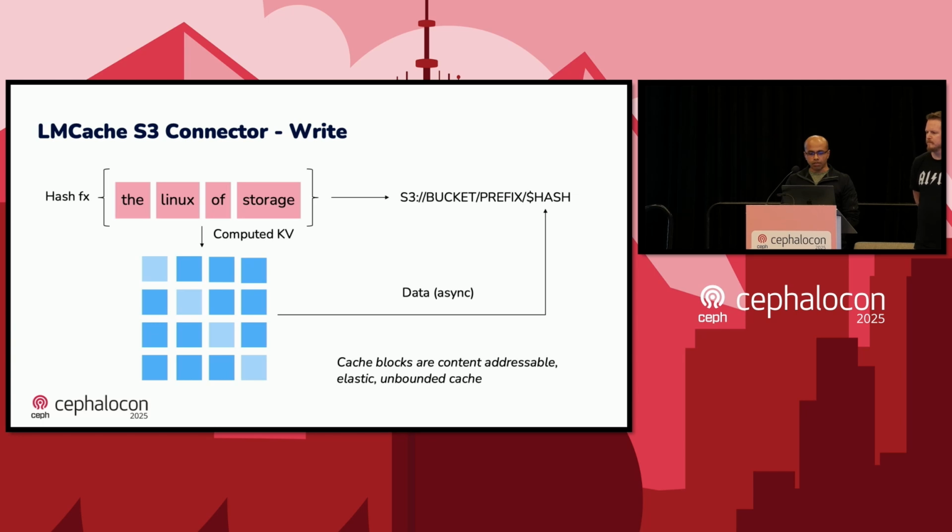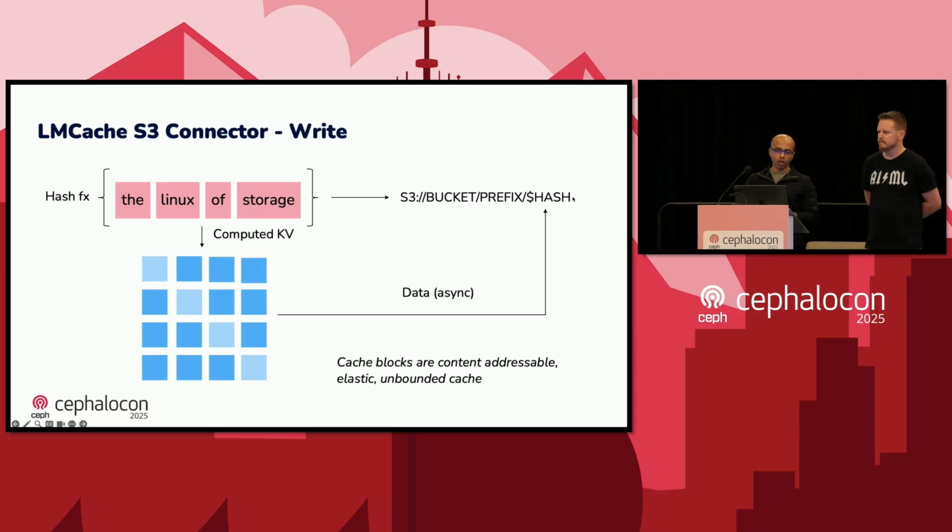And essentially, the idea here is that you're storing these in a content addressable format because you're hashing the blocks. So if you're sharing these KV cache blocks across multiple inference instances that may be running on different nodes, they don't have to have the knowledge of that exact prefix.